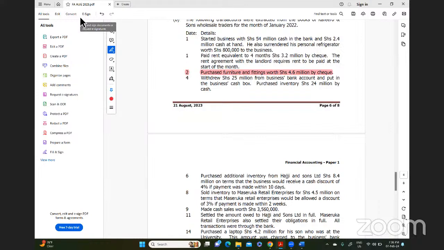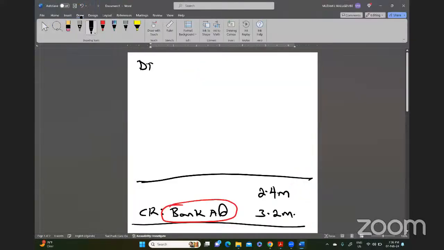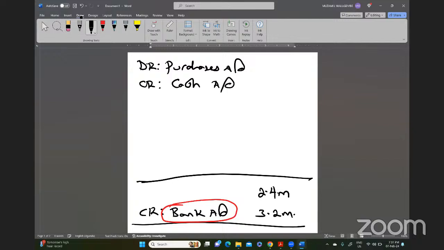But as we are recognizing in our ledgers, we recognize an expense, which is purchases. So we are going to debit purchases, and we'll credit cash. That is 24 million.